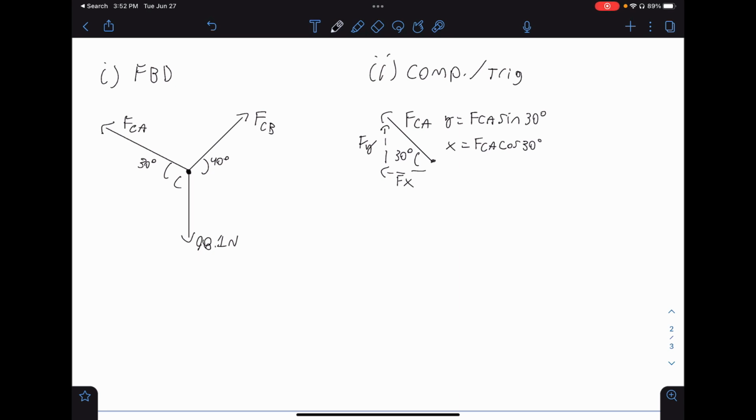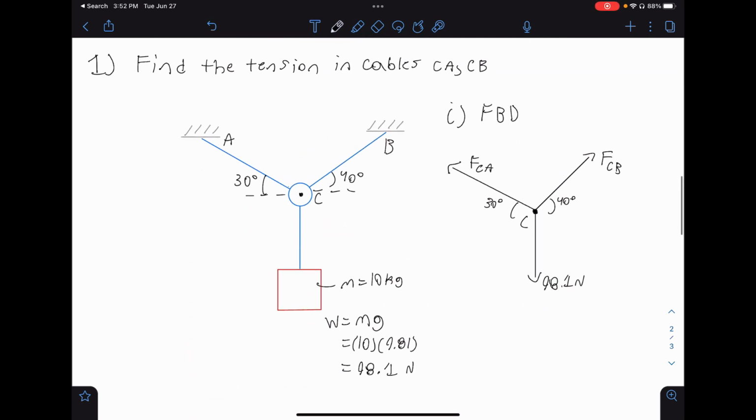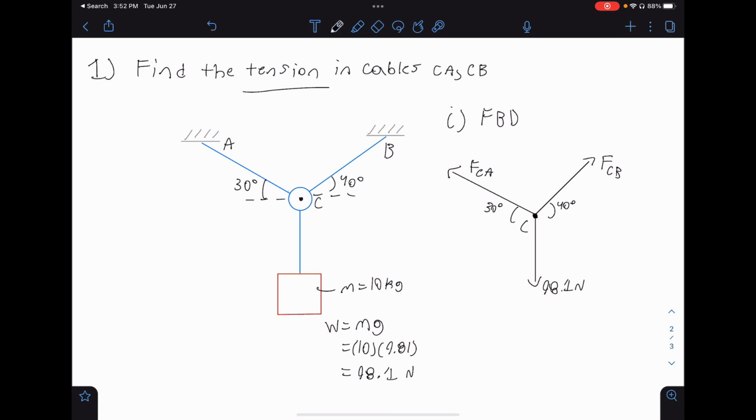So next, we're going to isolate FCB. Now let's not forget what we're trying to do in this problem. If we scroll back up here, we want to find the tension in the cables CA and CB.